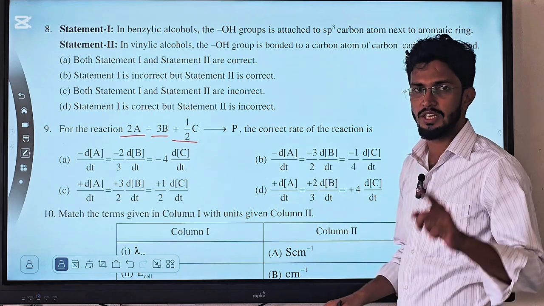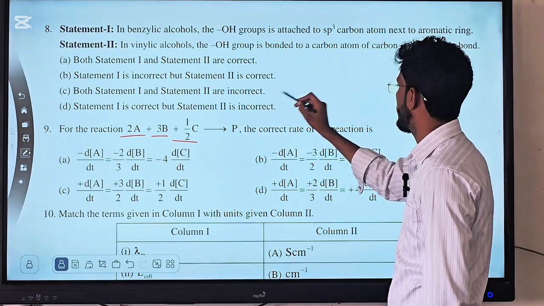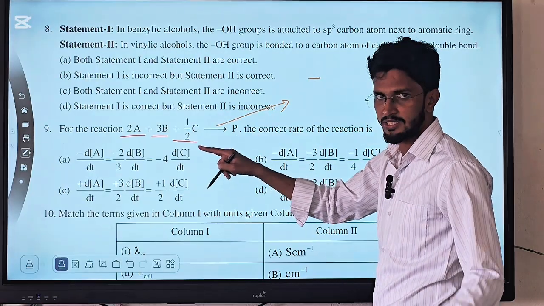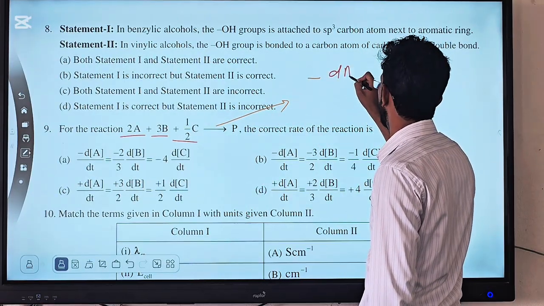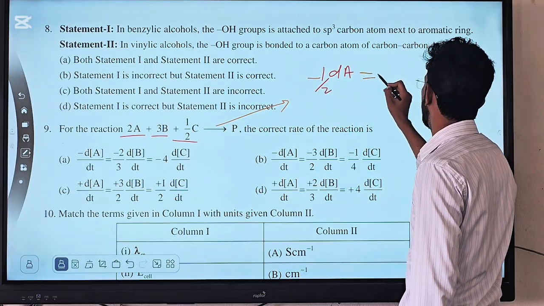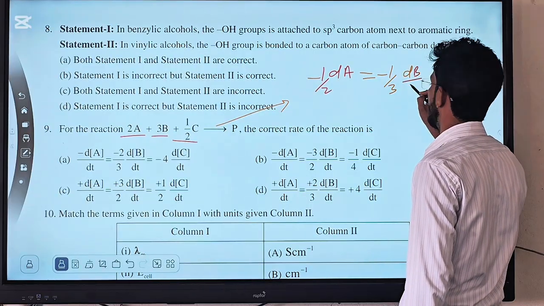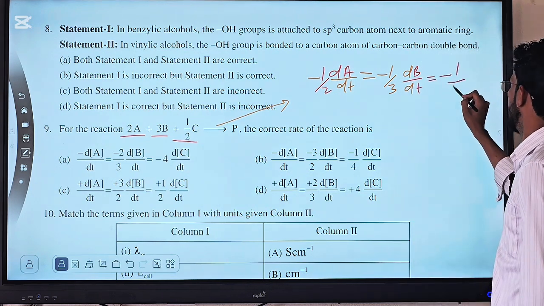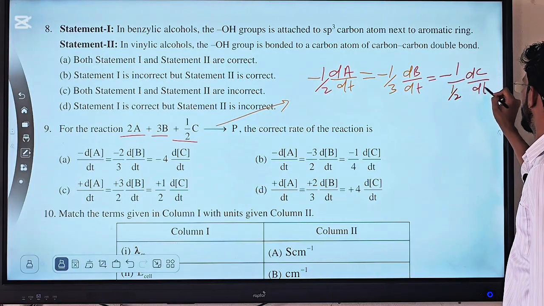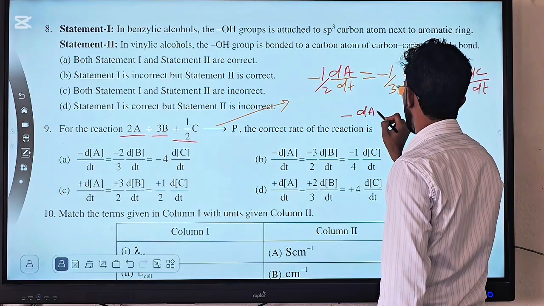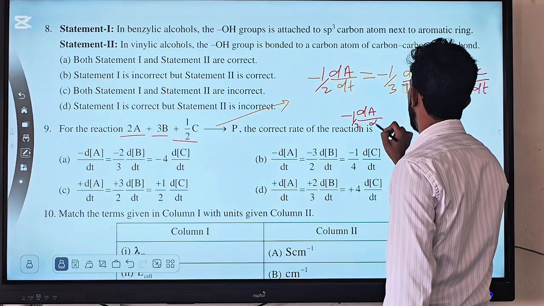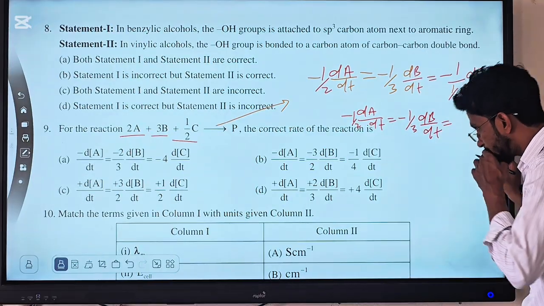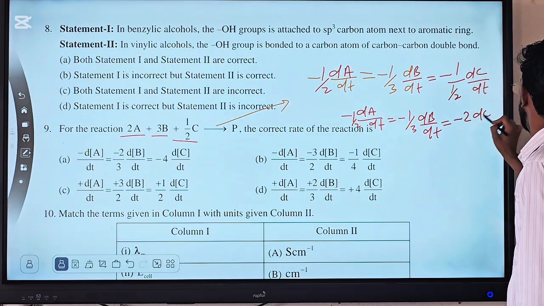If we apply the rate expression, the reactant side gets a minus and the product side a plus. So minus 1 by 2 dA upon dt is equal to minus 1 by 3 dB upon dt, which is equal to minus 2 dC upon dt.